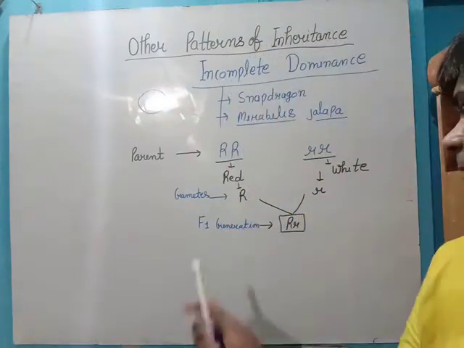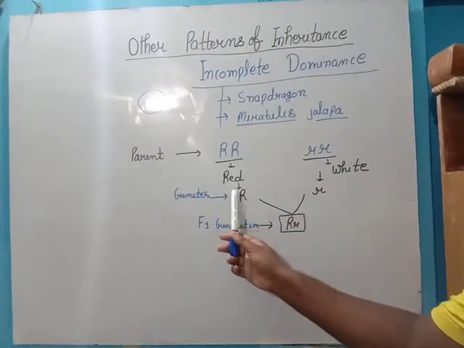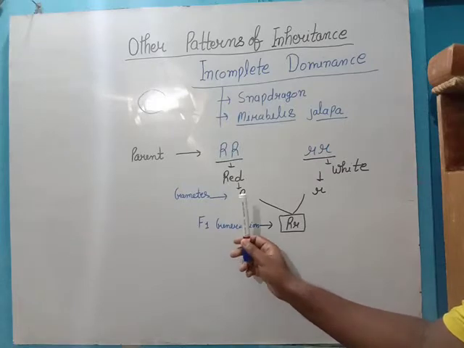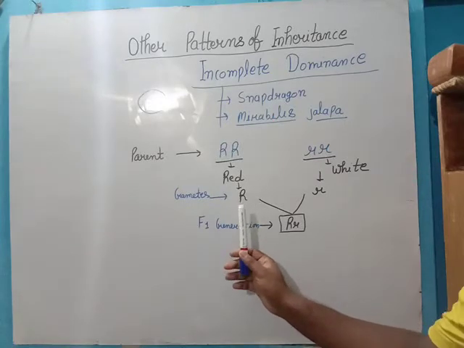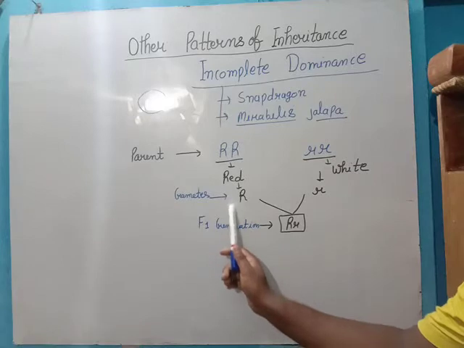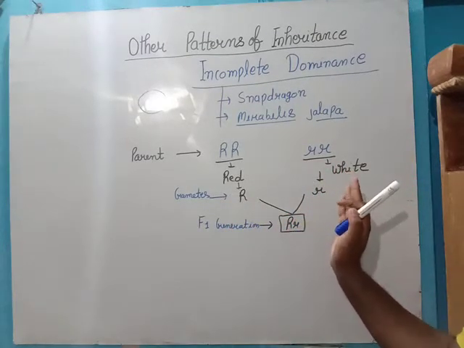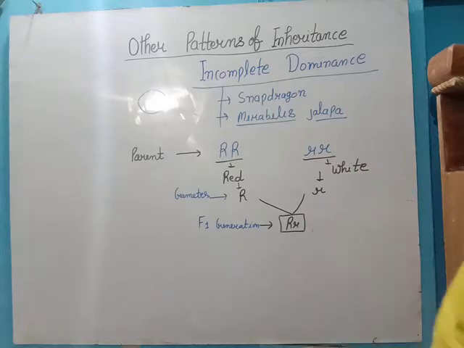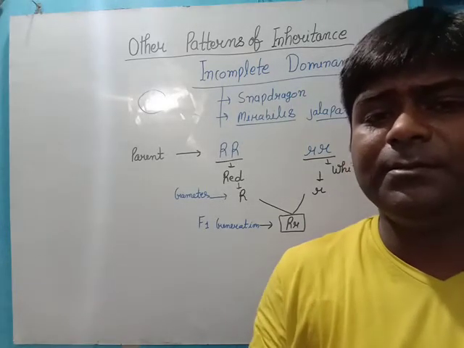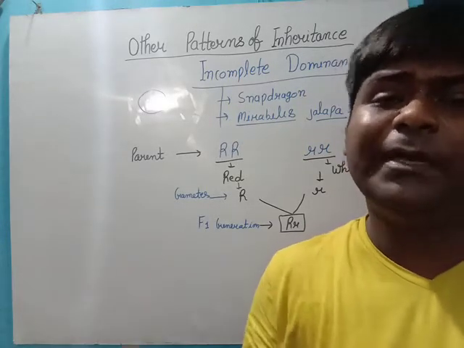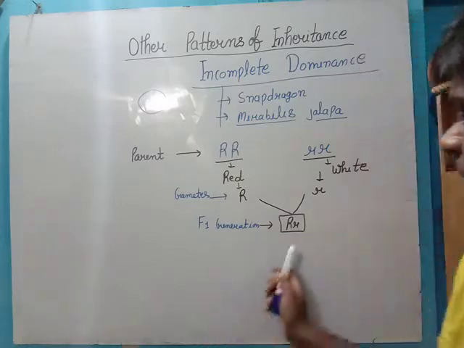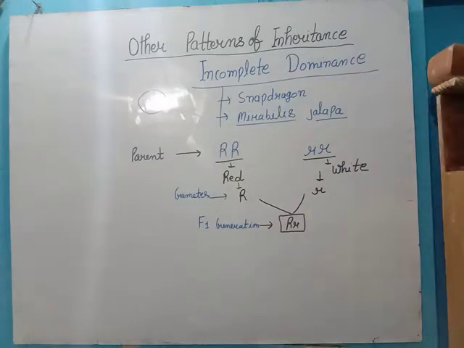Try to understand. This is responsible for red in color, that flower will be red in color. This is a dominant factor, and this is a recessive factor. It is responsible for white in color when it is present in homozygous recessive condition. What we are getting is the mixing in F1 generation.